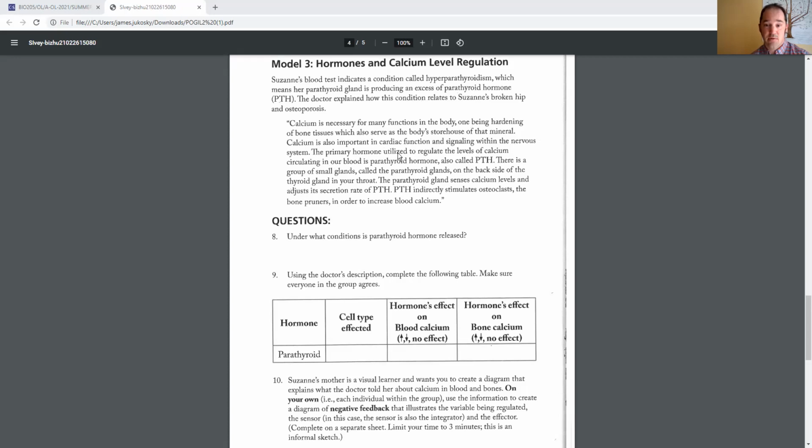The primary hormone utilized to regulate the levels of calcium circulating in our blood is parathyroid hormone, also called PTH. There's a group of small glands called parathyroid glands on the backside of the thyroid gland in your throat. The parathyroid gland senses calcium levels and adjusts its secretion rate of PTH. PTH indirectly stimulates osteoclasts, the bone pruners, in order to increase blood calcium.